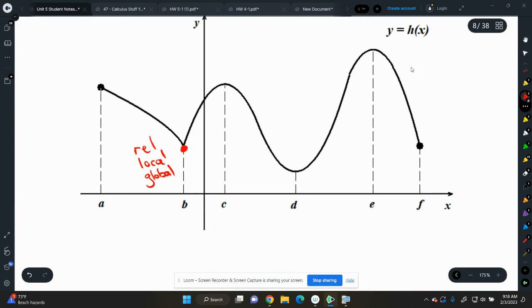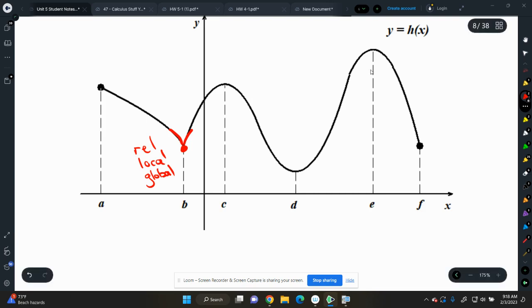That would be a relative minimum point because all the points around it are higher, right? All the y values around it are higher. It's not the absolute minimum. Are they using global as the same as absolute?